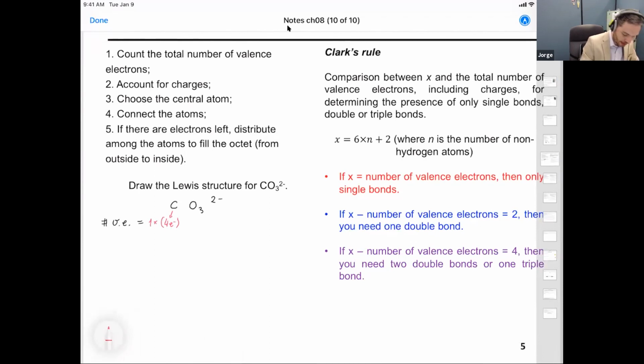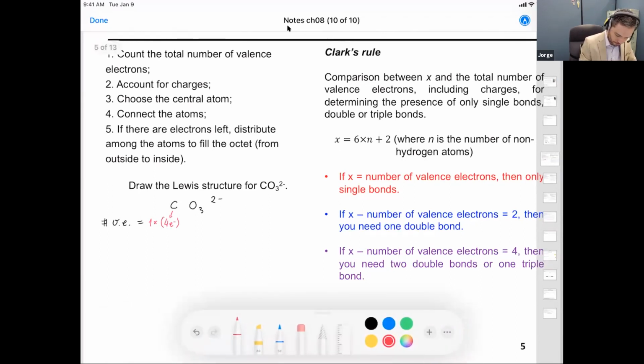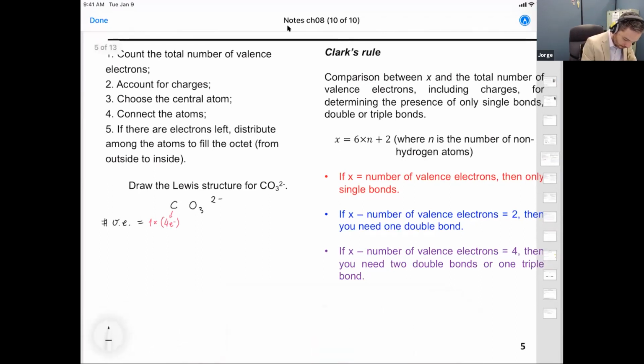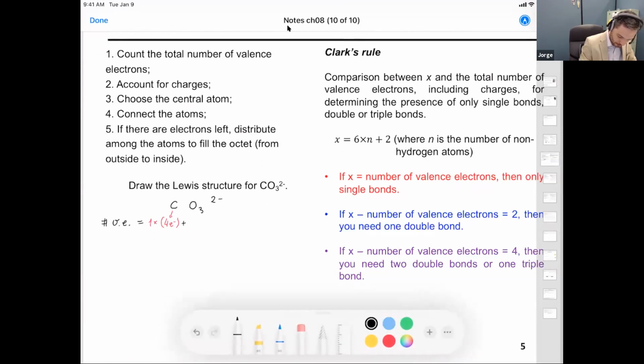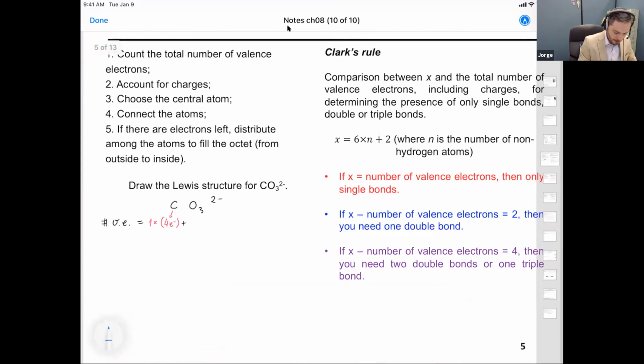We only have 1 atom of carbon, so times 1, plus oxygen belongs to group 16. Therefore, we have 6 valence electrons. Attention here, we have 3 atoms of oxygen, so we are going to multiply by 3.